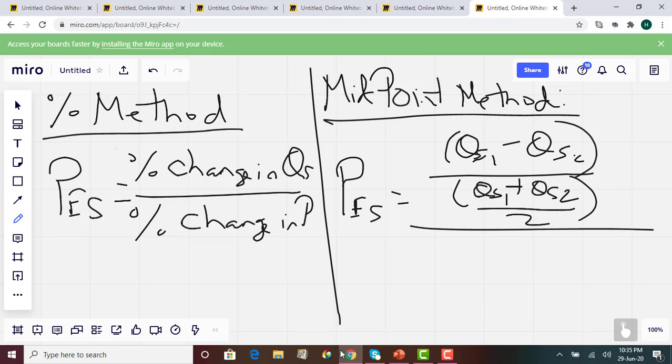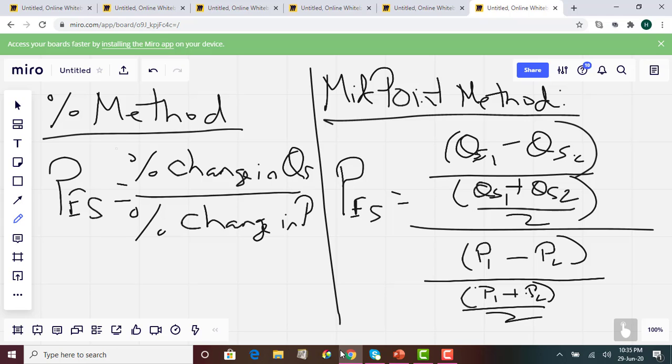Then this whole thing is divided by (P1 minus P2), which is the change in price, divided by ((P1 plus P2) divided by 2). So that is the midpoint method, and if you see, this is very similar to the midpoint method of price elasticity of demand, just instead of quantity demanded we are replacing that with quantity supplied.